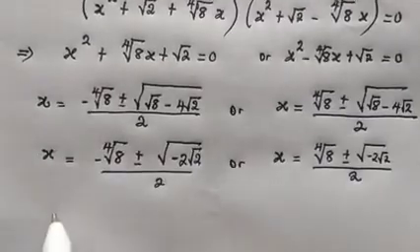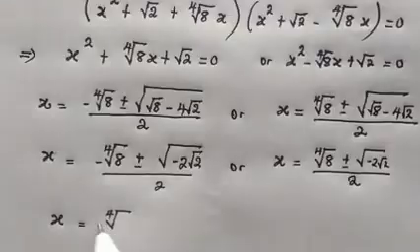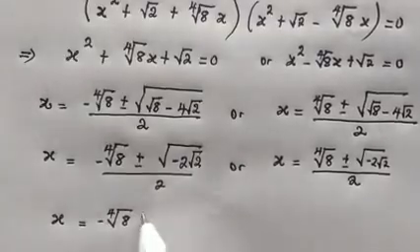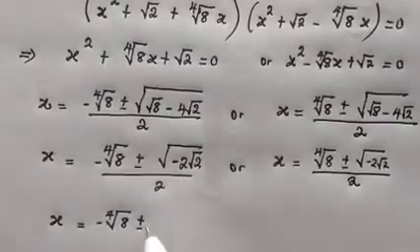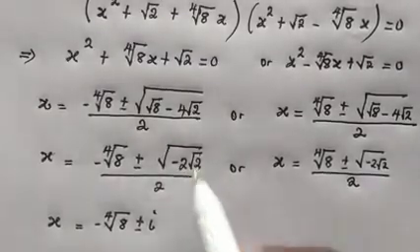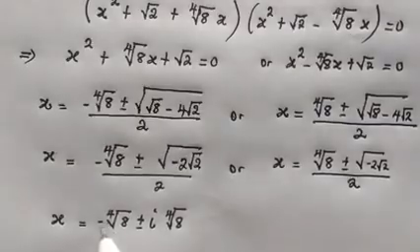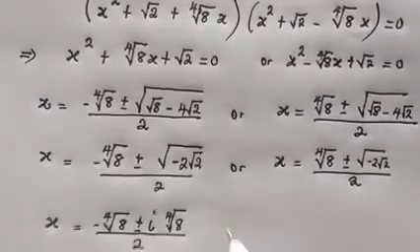So here we have our final solution. x equals negative 4th root of 8 plus or minus square root of negative 1, which is iota. Now 2 root 2 is root 8, then square root of 8 is giving us 4th root of 8, then divided by 2. Well simplified, right?